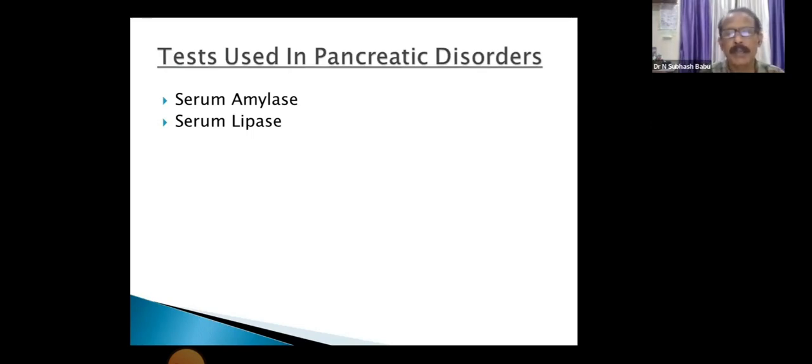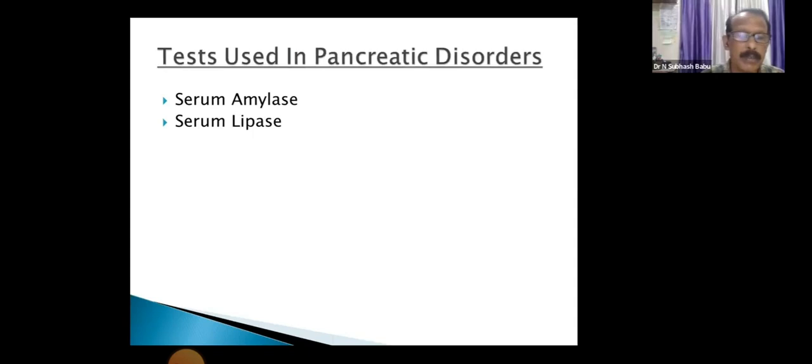So if you suspect pancreatitis, then you have to see the serum amylase and lipase. And serum lipase is very important. Why? Because with the inflammation in the pancreatic cells, lipase will be produced more, and the level of lipase will be high. So that is very important.